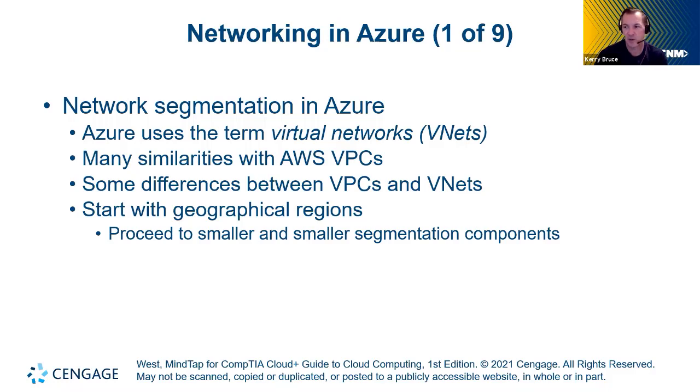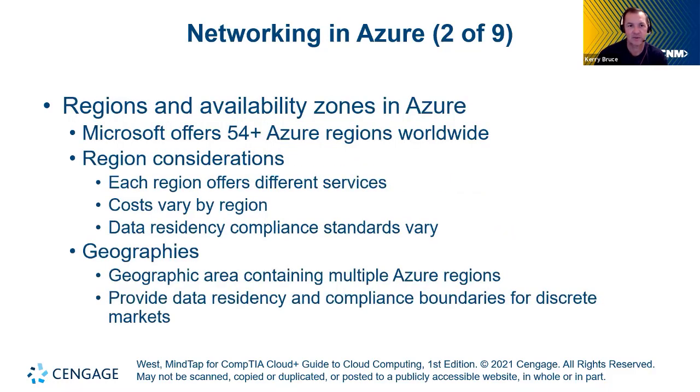Right. So they start with geographic regions similar to AWS. However, there are 54 plus Azure regions worldwide. With Azure, which I think holds true with most everybody, each region has different services. So some services are available in certain regions, some services aren't, okay?